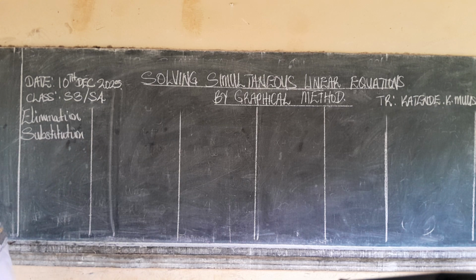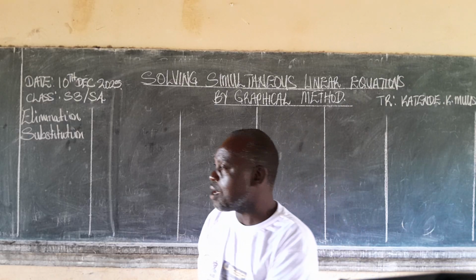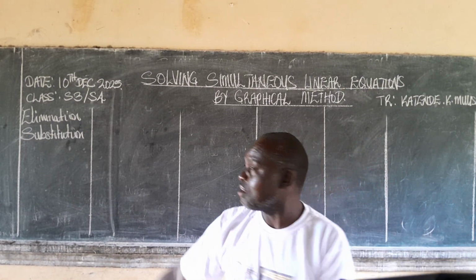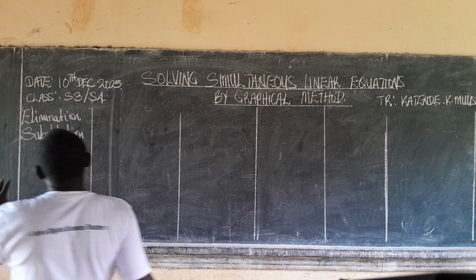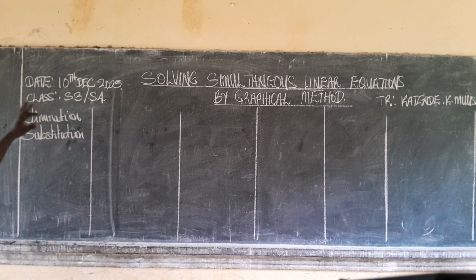I hope this is very common to you, because if you've been watching football games, they can substitute someone, then after that, they get the score. Therefore, these are the two methods we covered the other time: elimination and substitution.